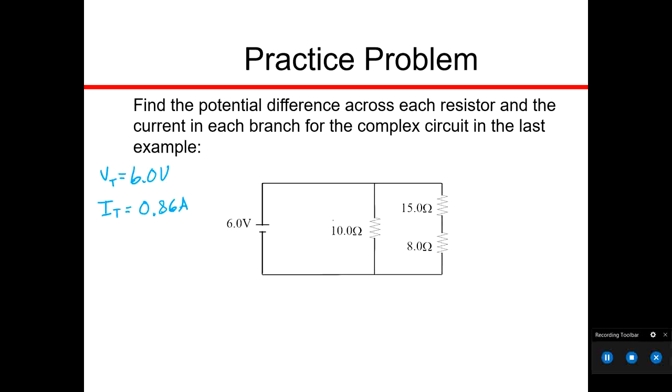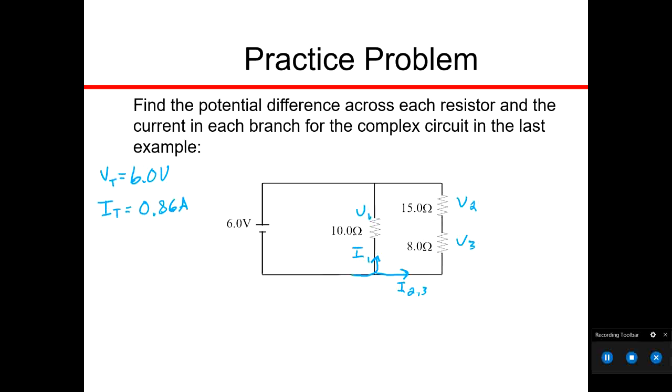And what we're looking for, we want to find V1, V2, and V3. And we want to find the current coming in here. So we want to find I1, and we want to find I2, 3. So we're trying to find the potential difference across each resistor, as well as the current in each branch for the complex circuit.